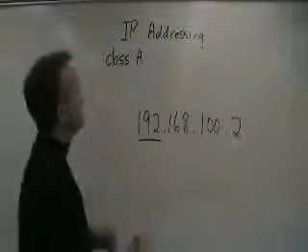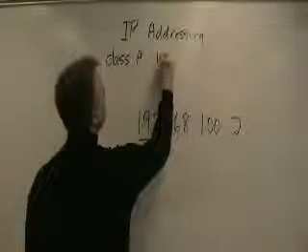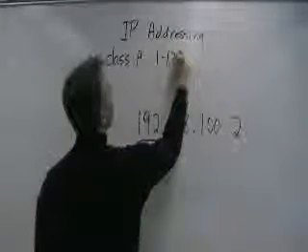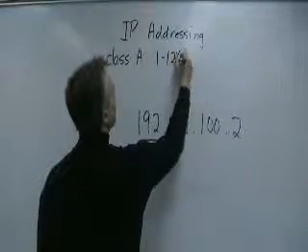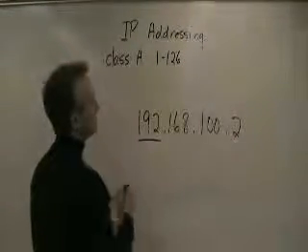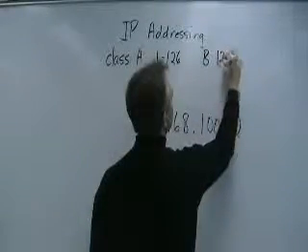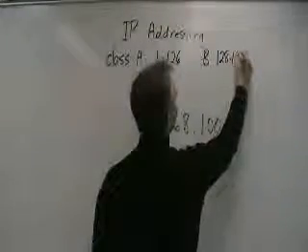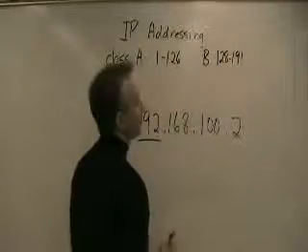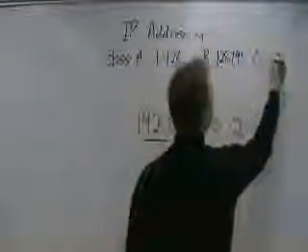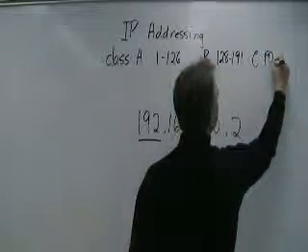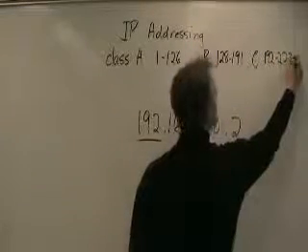The range for class A is 1 to 126, for class B 128 to 191, and for class C 192 to 223.